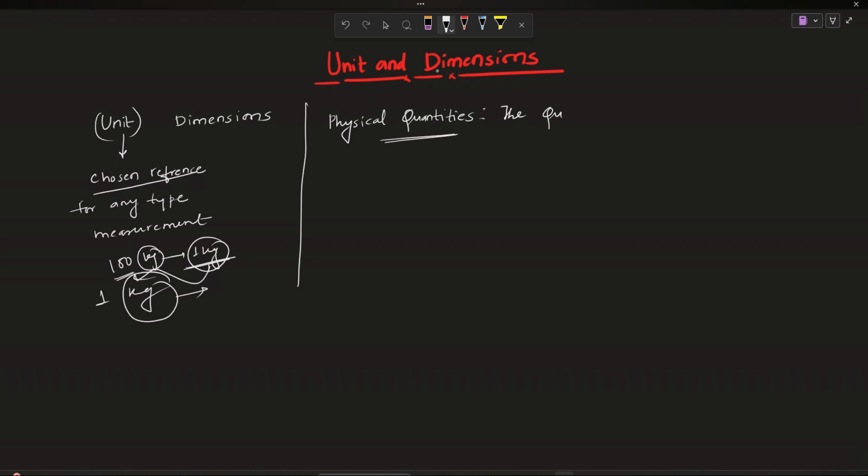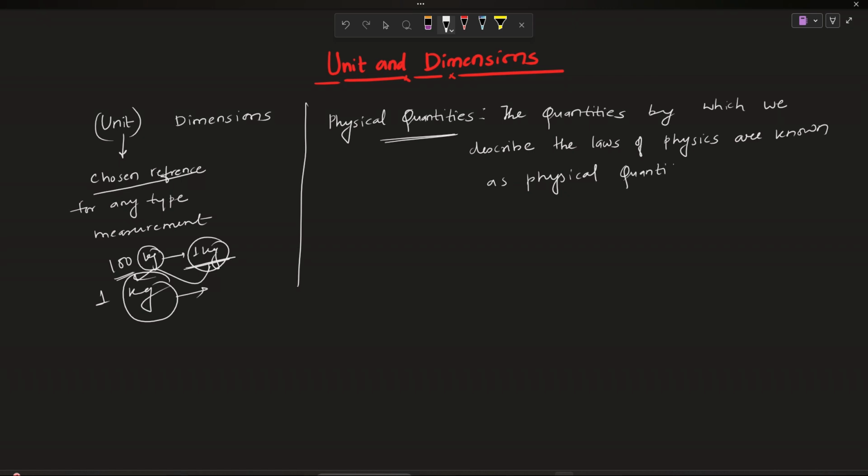The quantities by which we describe the laws of physics are known as physical quantities. If anyone asks what a physical quantity is, you can say this.